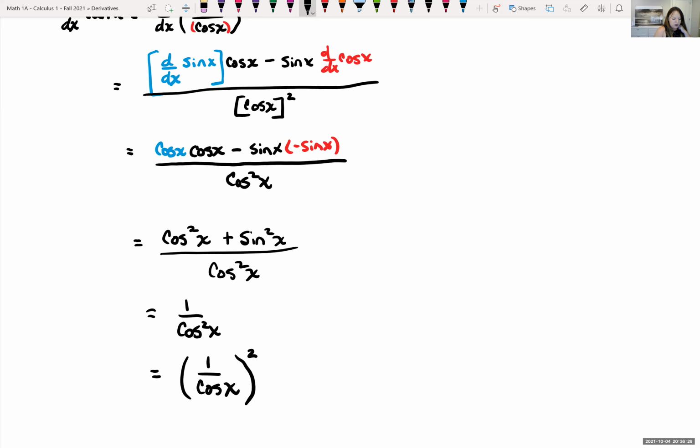Now 1 over cosine of x in terms of its trigonometric function is secant, so secant squared x. And so the derivative again of tangent x is secant squared x.